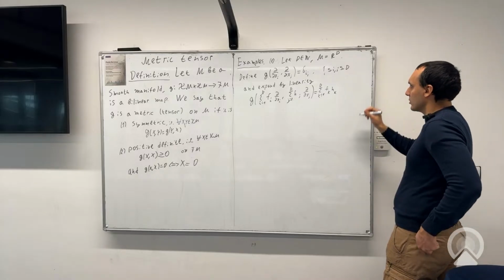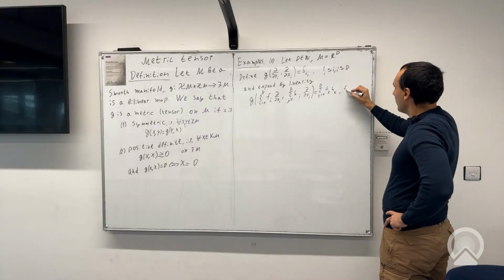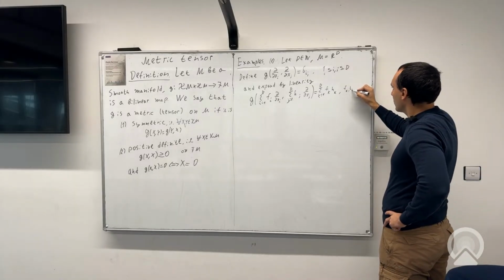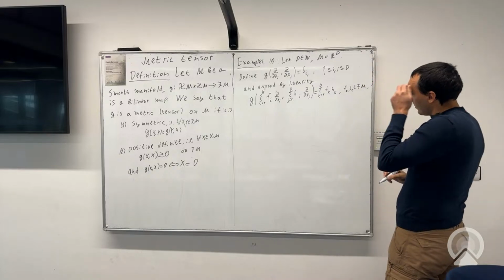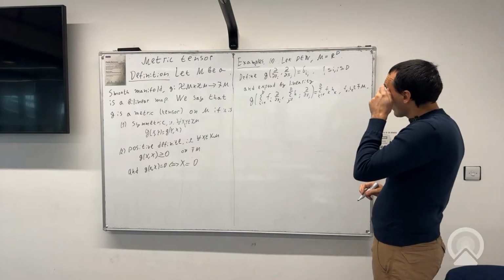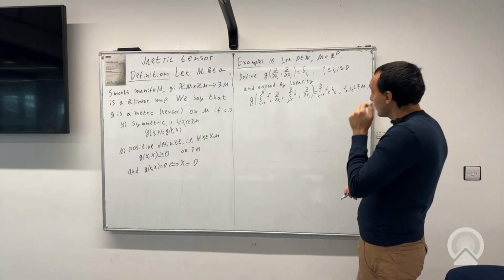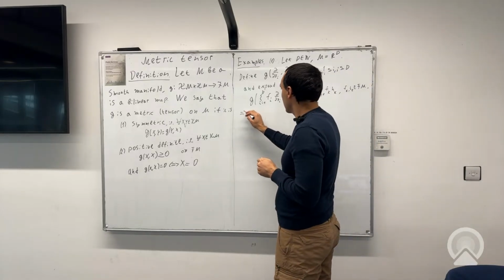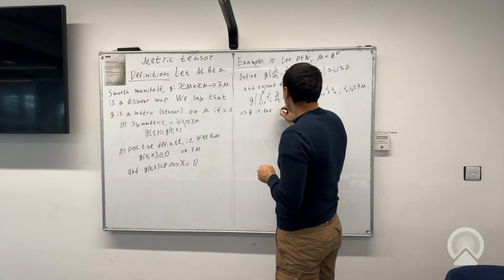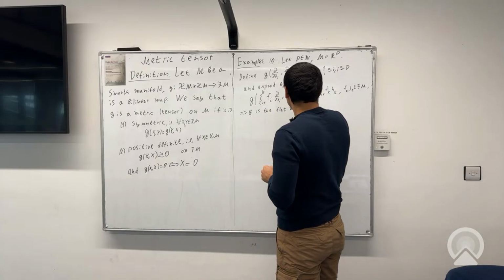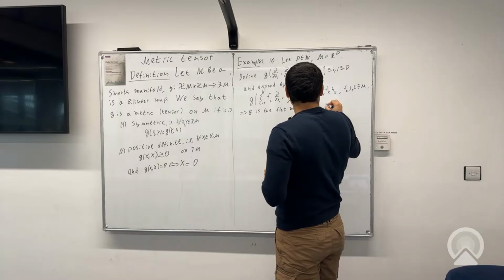These are smooth functions, so f_k and h_k are smooth functions on M. So this is the flat metric on R^d.